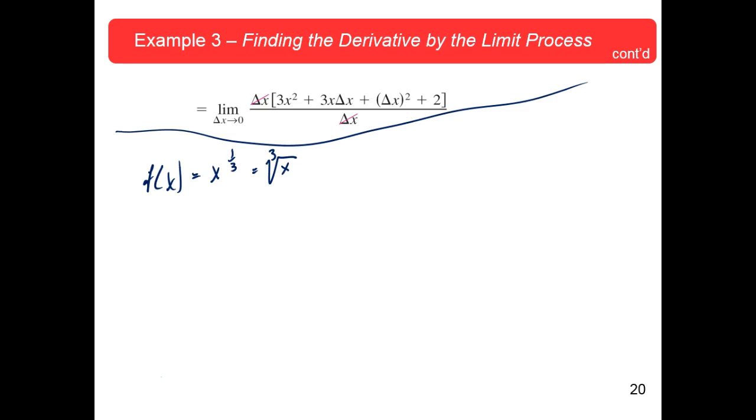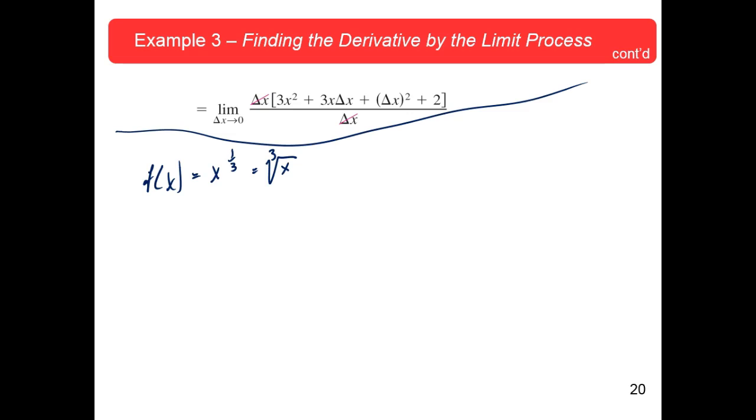Well, let's try doing it by their way. Let's do the limit. This function is continuous everywhere. The cube root of a negative number is negative, the cube root of 0 is 0, and the cube root of a positive number is positive. So this is continuous everywhere. It's actually smooth everywhere, too.